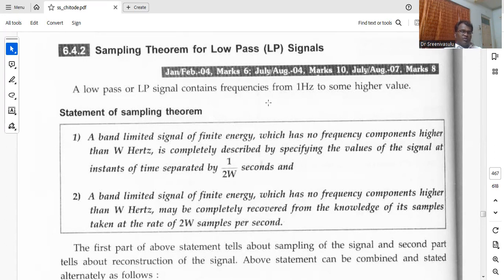If you do not pass the message signal through this low pass filter, there may be some addition of noise in the process, and some extra frequency components may be present.